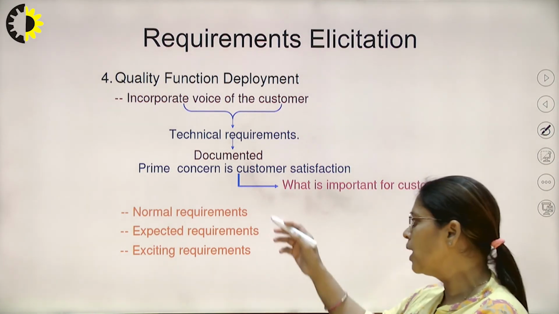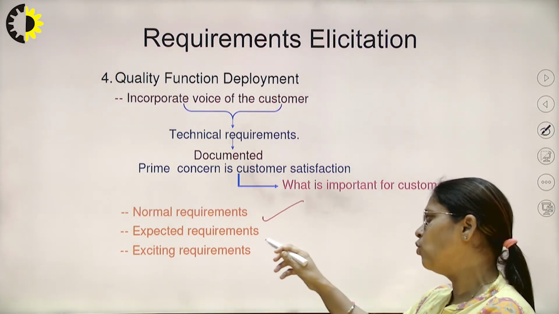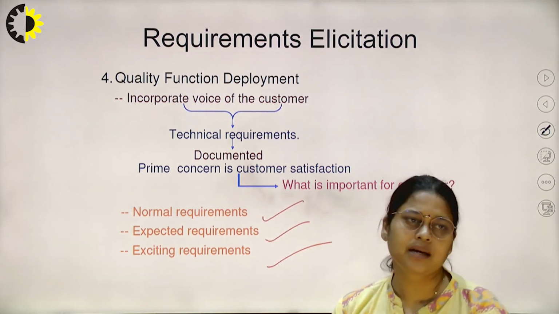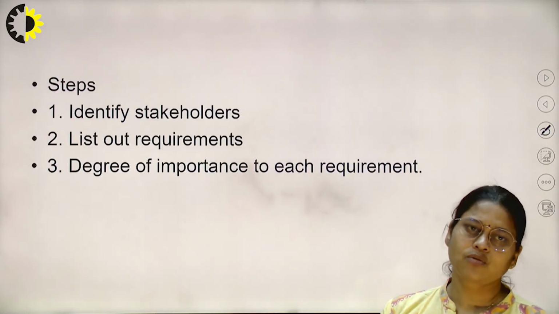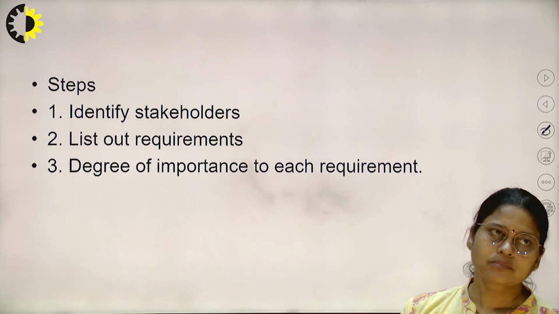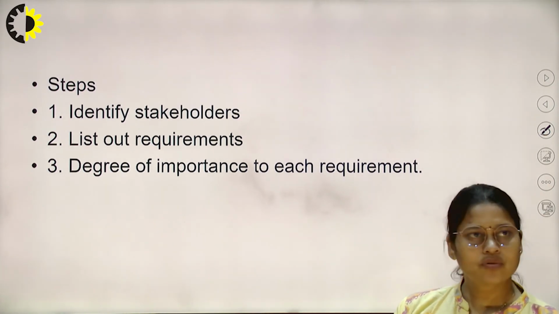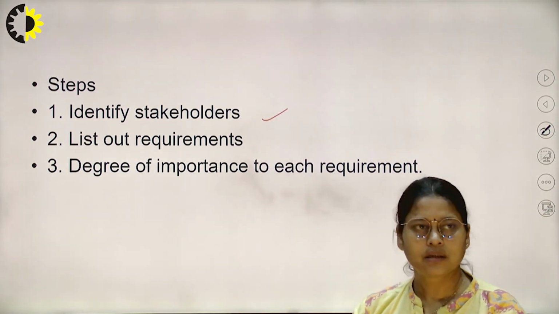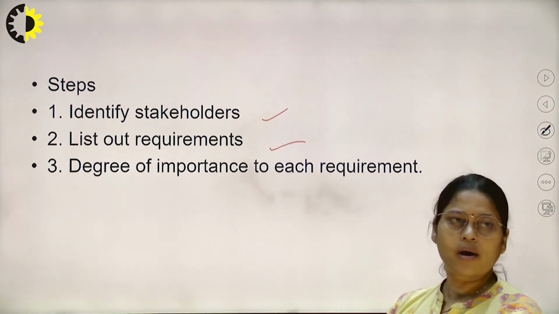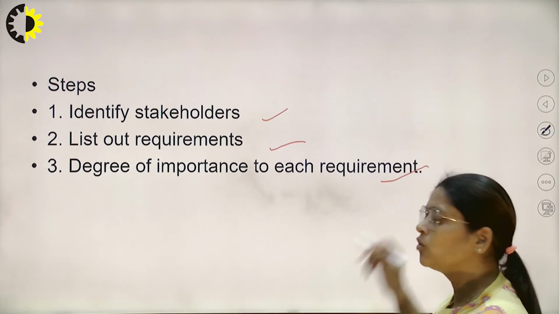And we have to collect all the requirements, like normal, expected and exciting requirements, from the customer as well as from the developer. So these are the steps of this process: identify the stakeholders, prepare the list of requirements and the degree of importance of each requirement.